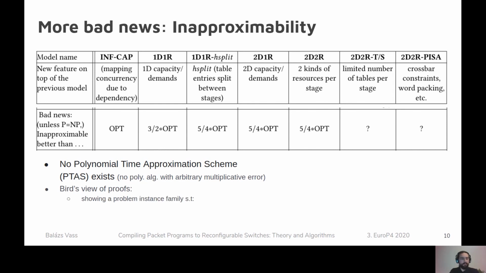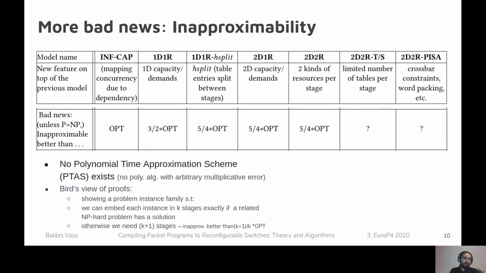A bird's-eye view of these proofs is just showing that we have an instance family such that we can embed each instance in k stages exactly if a related NP-hard problem has a solution. Otherwise, we need k+1 stages. So it yields an inapproximability better than a factor of (k+1)/k.